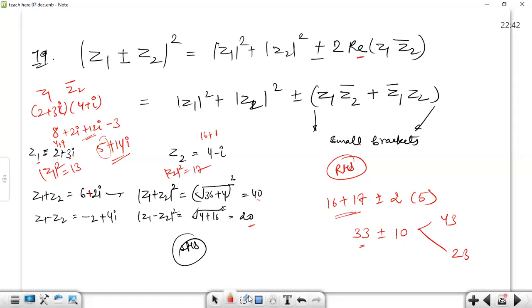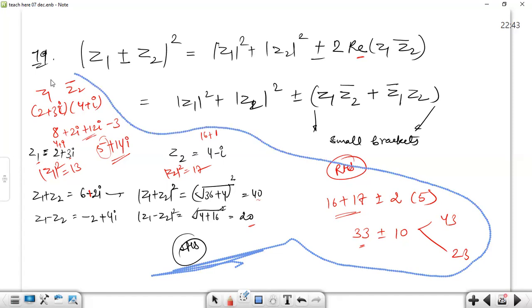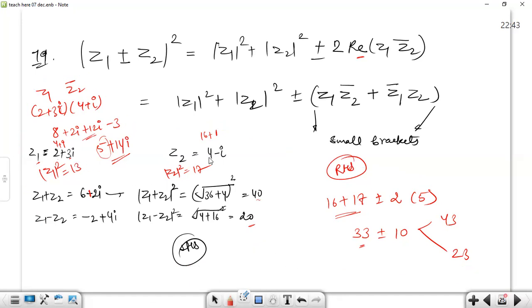Let's not change the complex numbers, otherwise the question will be changed. 2 plus 3 iota and 4 minus iota.